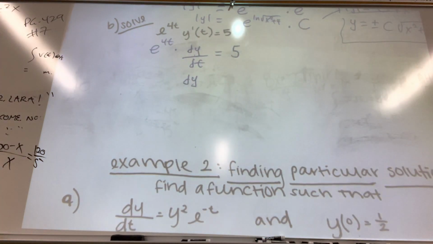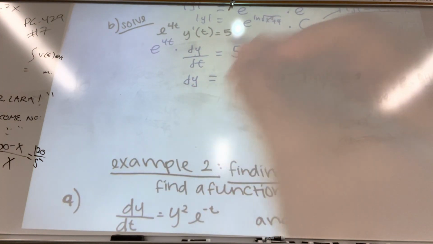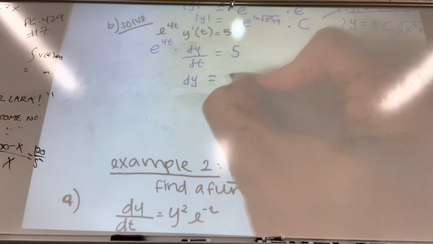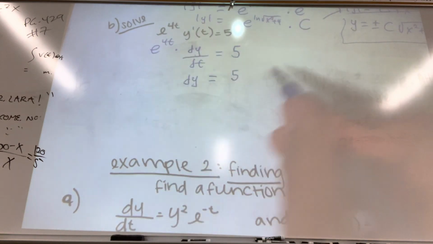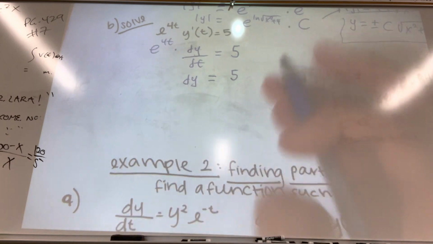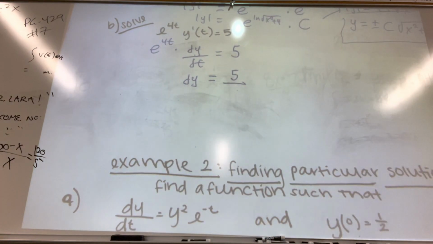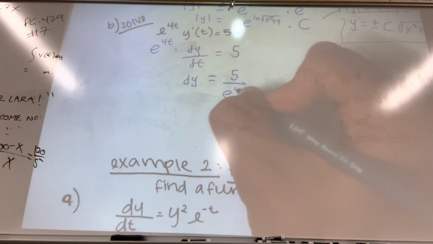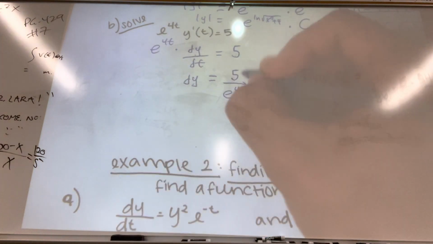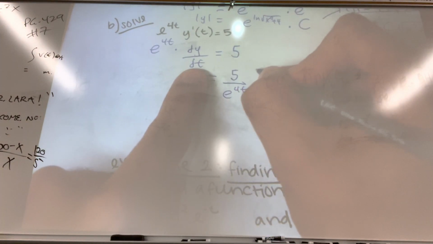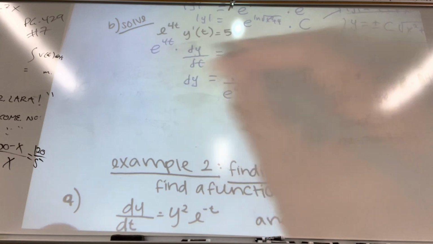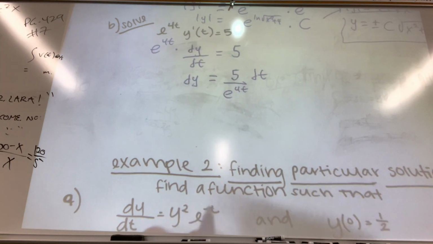It's already on top. And then the 5, well, the 5 can go with either one, but I'll leave it there. And then it would be over what? e to the 4t. And then what about this dt? Right here, you multiply. Ta-da, now we've separated the variables.